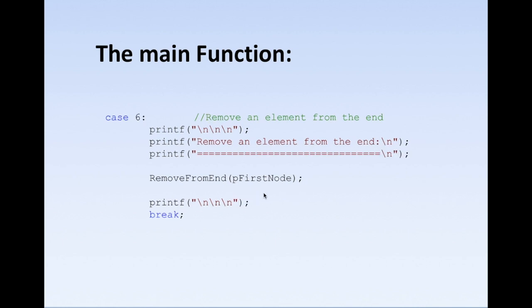Remove from the end actually calls function remove from end, which removes the node at the position listed in node 0, where the number of elements exists, and we have implemented it earlier.